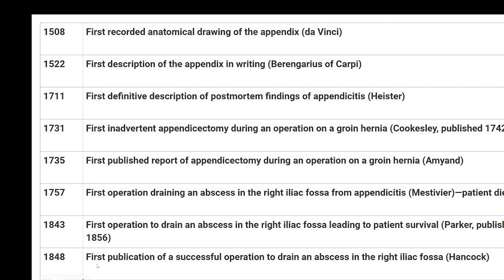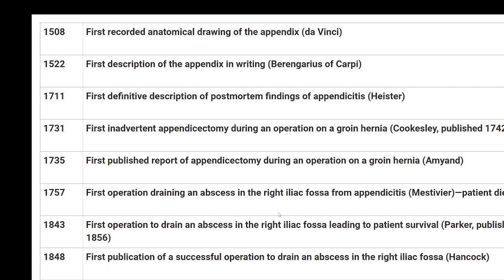But the real major development, now these are all typical historical facts, like an inadvertent appendicectomy was done during an operation for hernia in 1731. So the first appendicectomy was done in 1731. Then reports of appendicectomy during operation of groin hernia came in 1735.